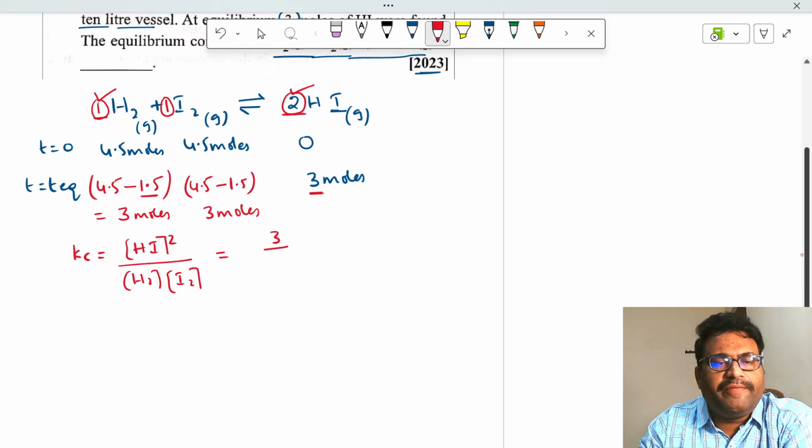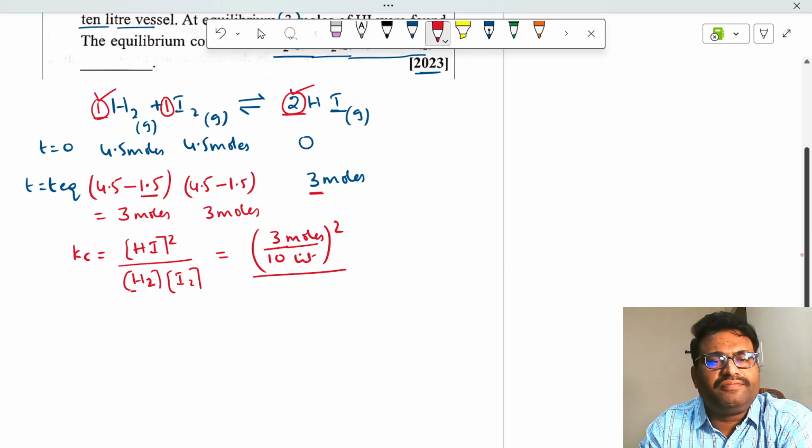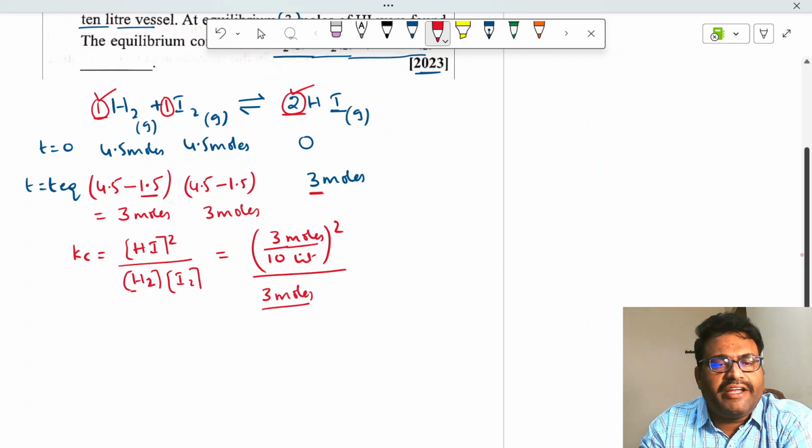So Kc equals (3 moles by 10 liters) squared by H2, I2 concentrations at equilibrium, that is 3 moles by 10 liters into 3 moles by 10 liters.